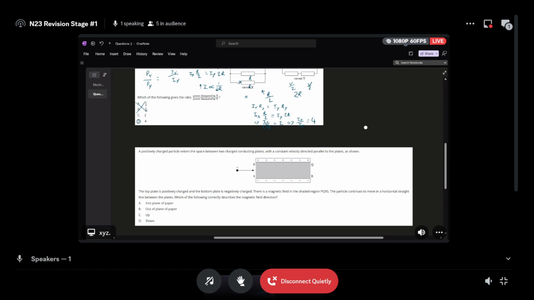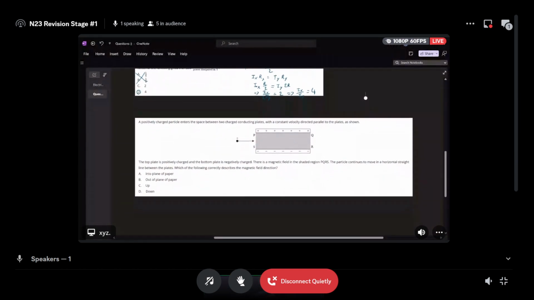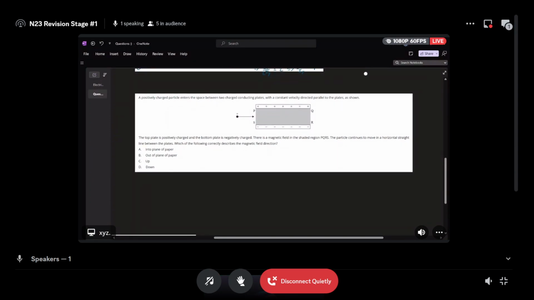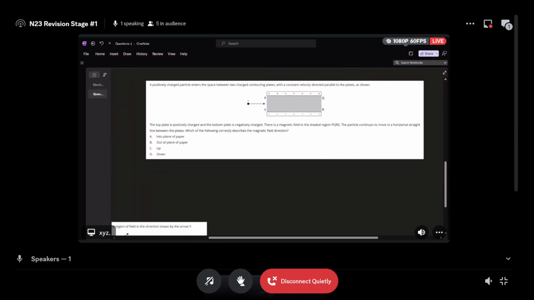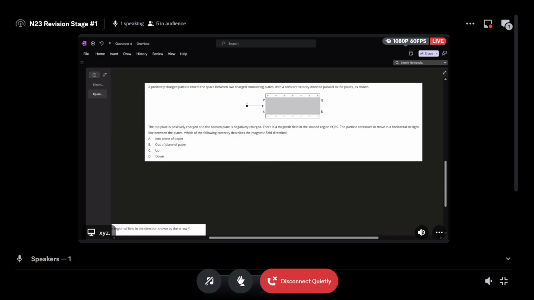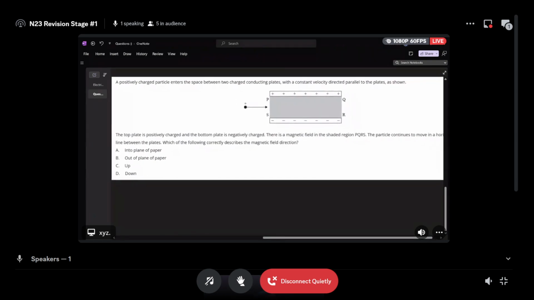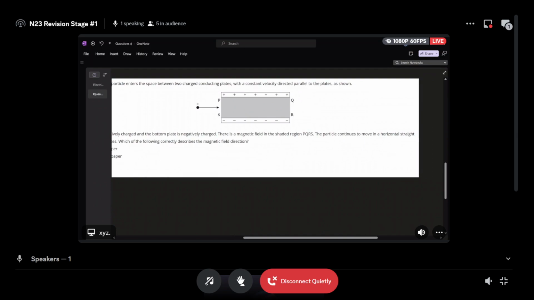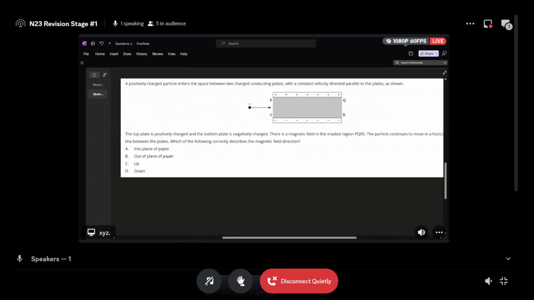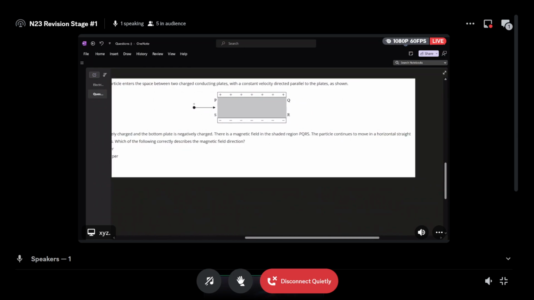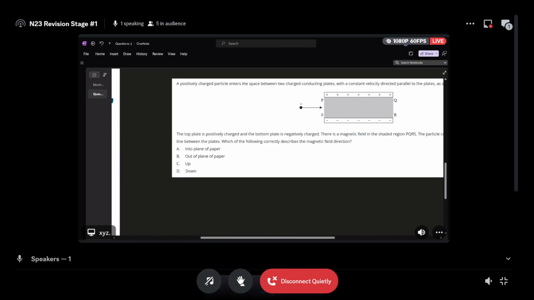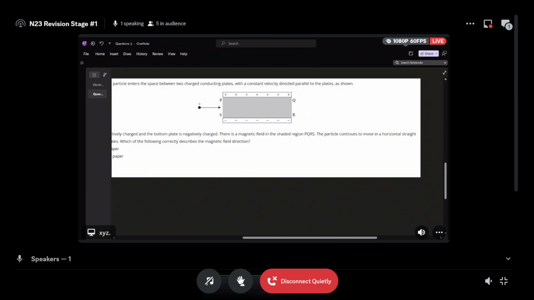So let's read the question. A positively charged particle enters the space between two plates with constant velocity. The particle continues to move in a horizontal straight line between the plates.